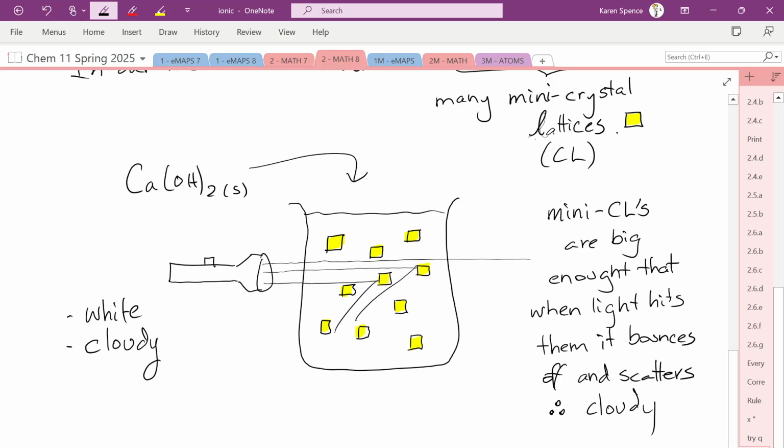So it's white and it's cloudy. What type of mixture is it? Yes. It is a heterogeneous mixture.